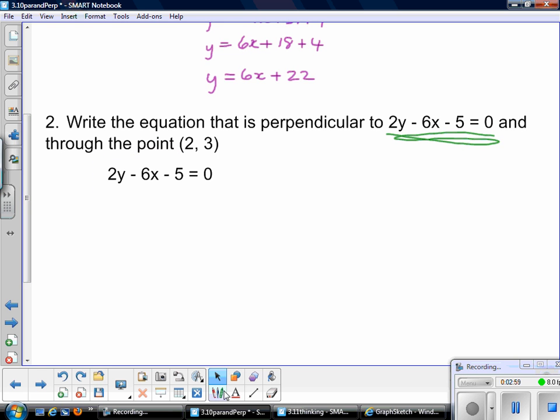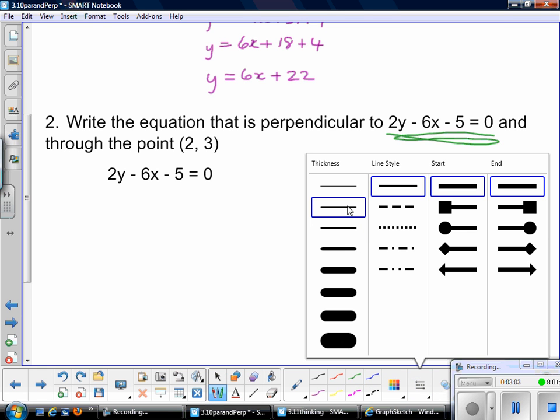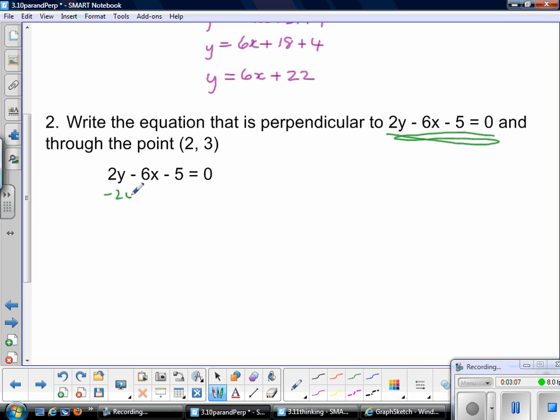I can do it a few different ways, but I think I'm going to subtract 2y from both sides. So if I subtract 2y from both sides, I end up with negative 6x minus 5 equals negative 2y.